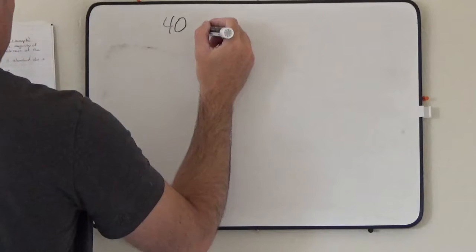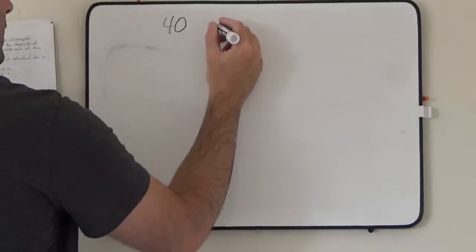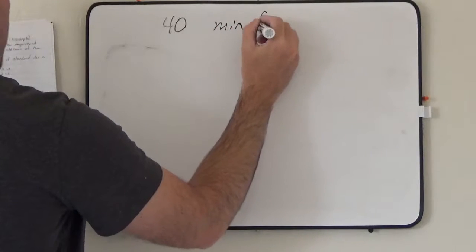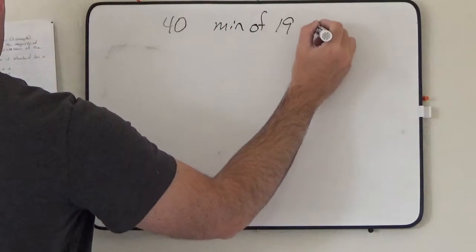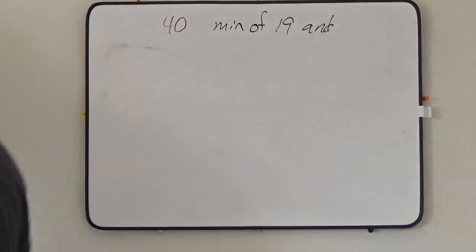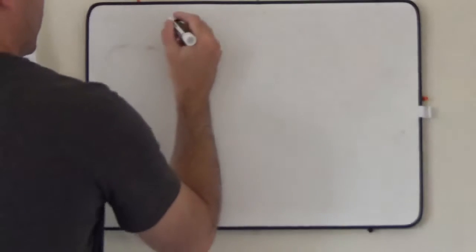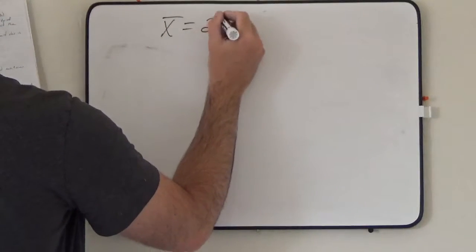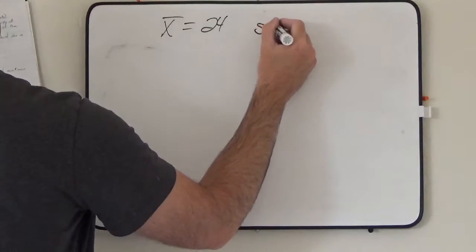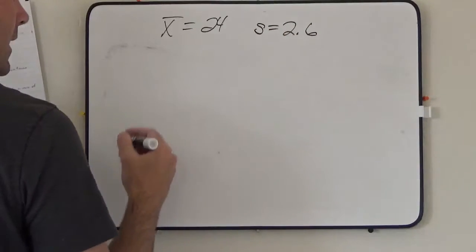40 chocolate chip cookies were counted with a minimum of 19 and a maximum, oops, I'm skipping ahead of myself here. I'm coming back to that one. Our mean is 24, our standard deviation is 2.6, and it wants us to find the minimum and maximum.